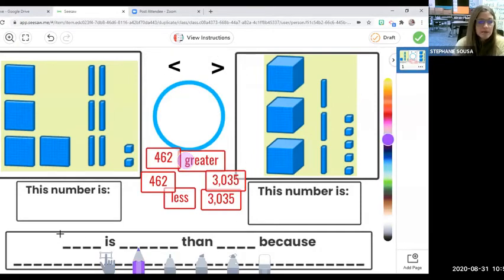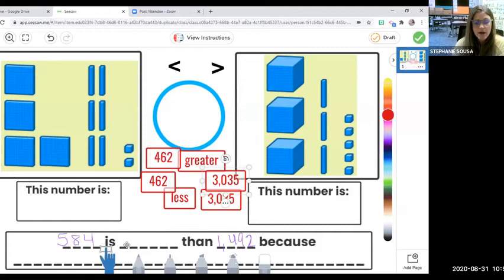Let's say that I was given the number 584. I would say 584 is blank than, let's say my other number was 1,492. Okay, so I would be choosing which word would go in that blank.